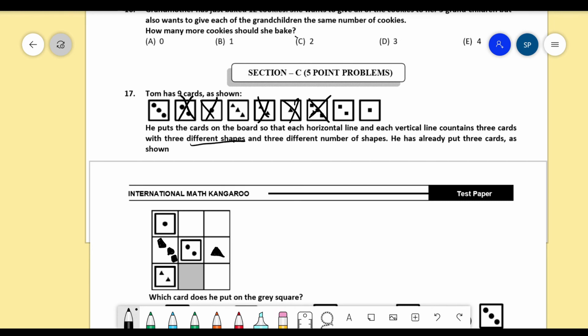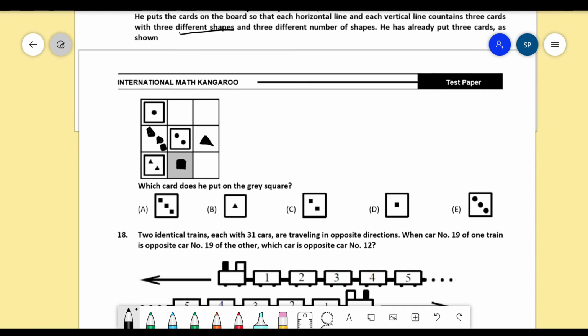We don't need to look at it because we've already used 1 triangle. It's already used 1 circle here. So all that's left over for 1 shape is this square. So we have to plug in this square. They have asked us what's in the gray square, and a square is in the gray square. So it is D.